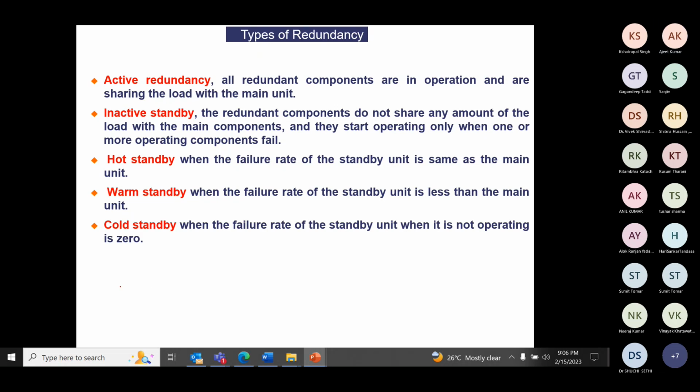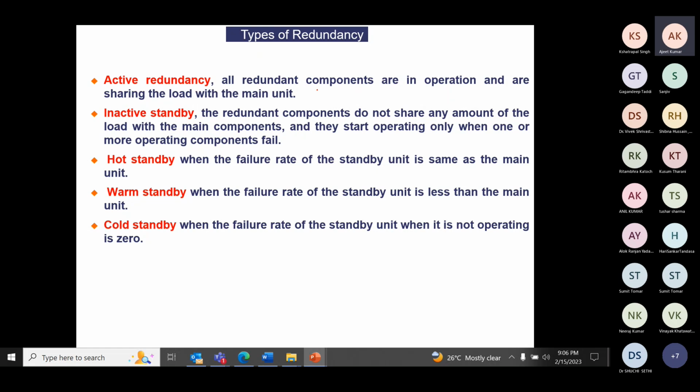In active redundancy, all redundant components are in operation and are sharing the load with the main unit. It means we have 2 standby systems, and both are sharing the load. Like UPS systems, power and UPS both are sharing the load.